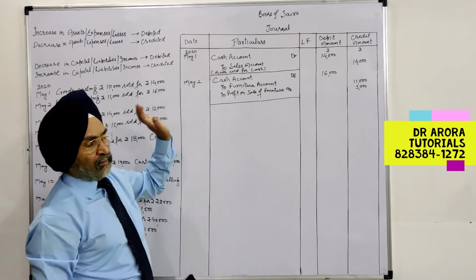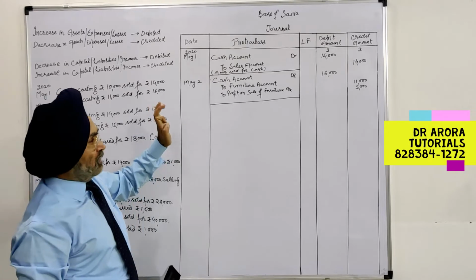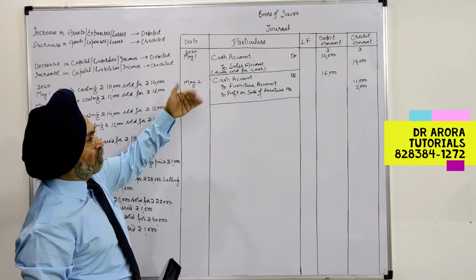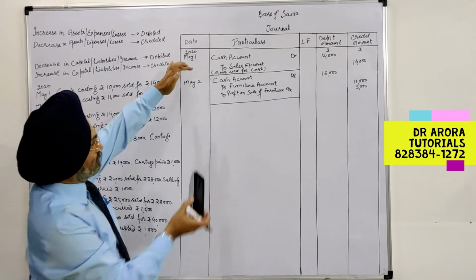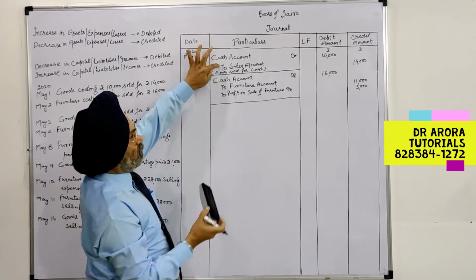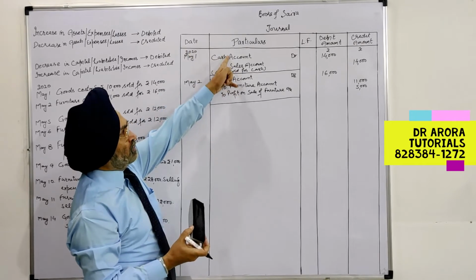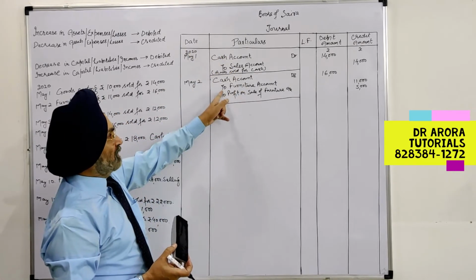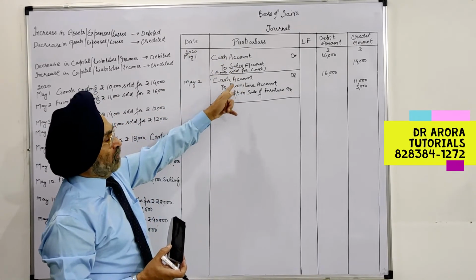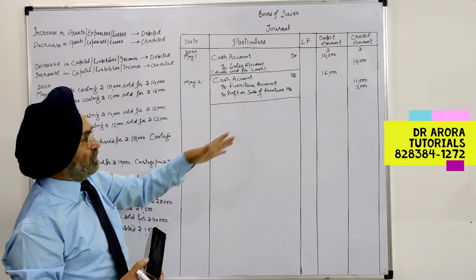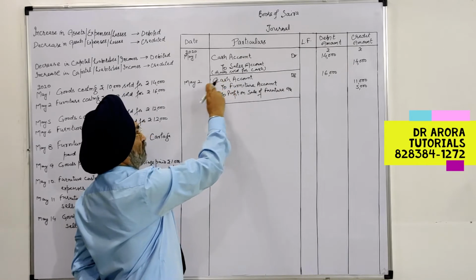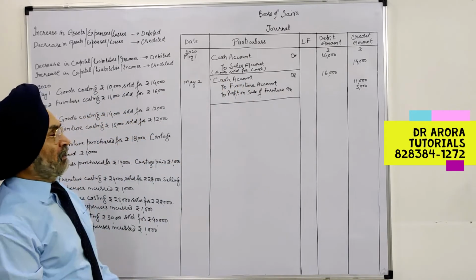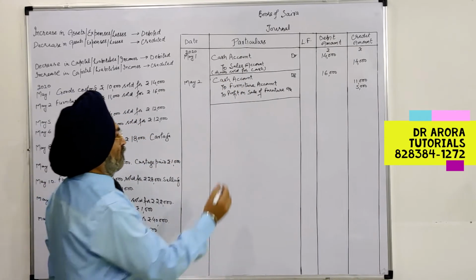This is the composite entry. Two accounts are being credited. Either two accounts are credited or two accounts are debited in a composite entry. So here see the distinction. When goods are sold, profit or loss is not written anywhere. But when the asset is sold, when furniture is sold, building is sold, machinery is sold, profit if any will be credited, loss if any will be debited in our books of accounts.